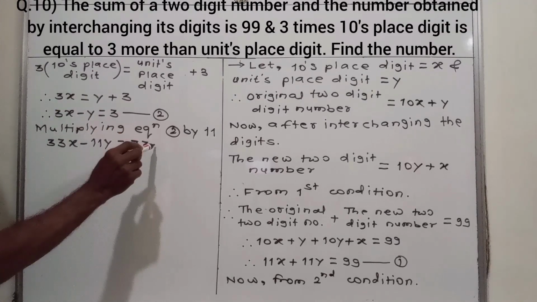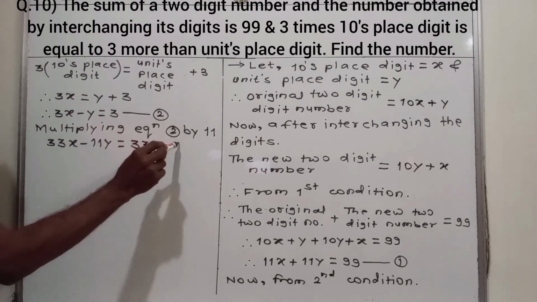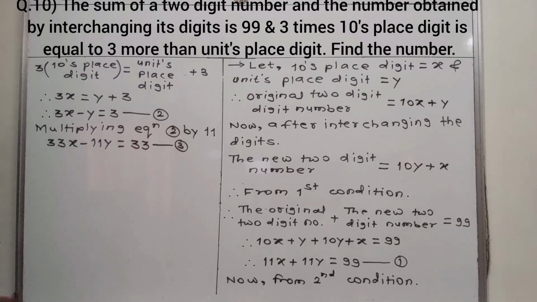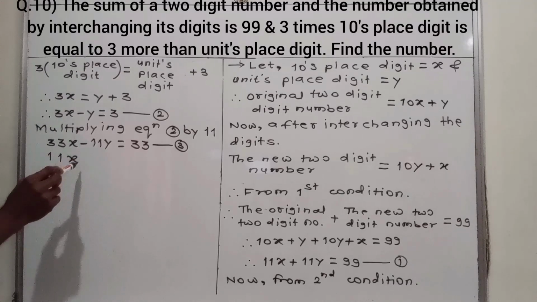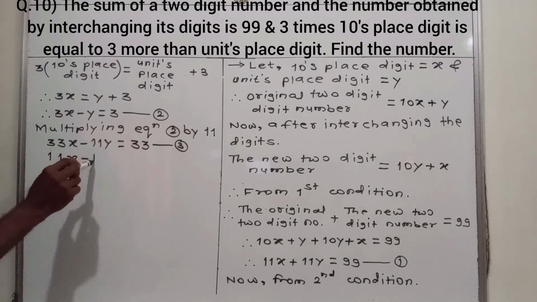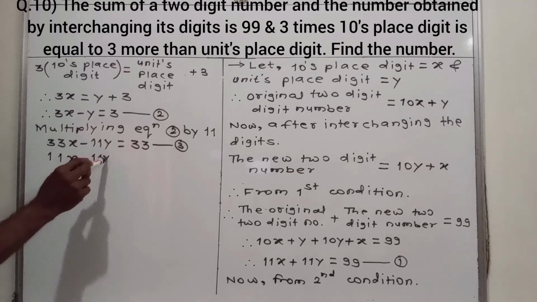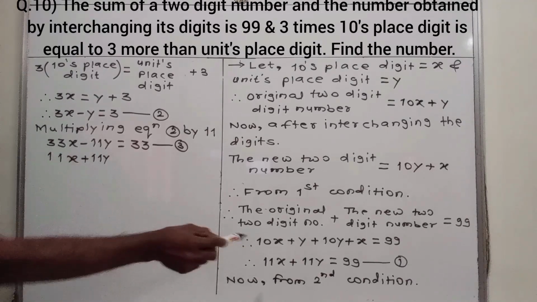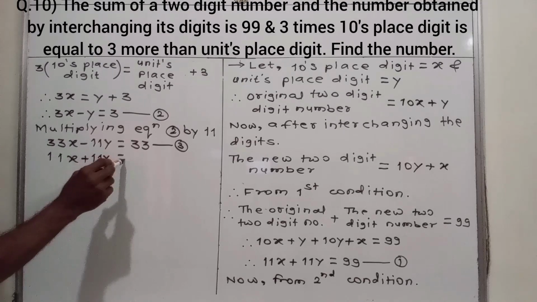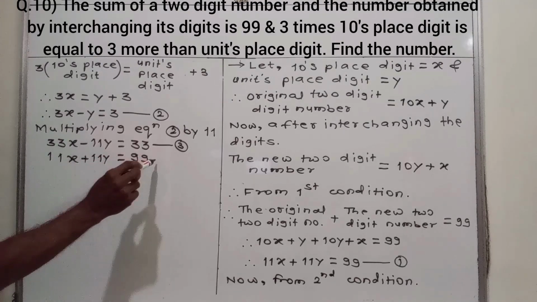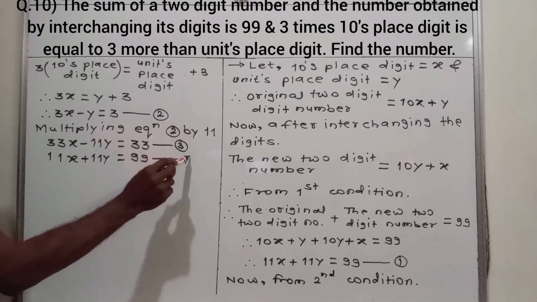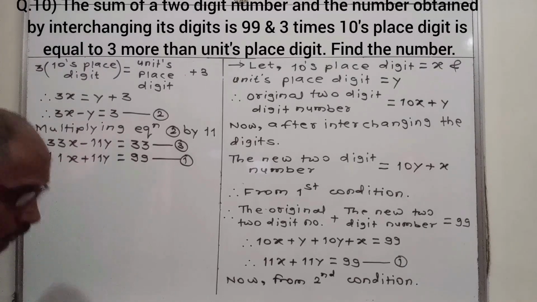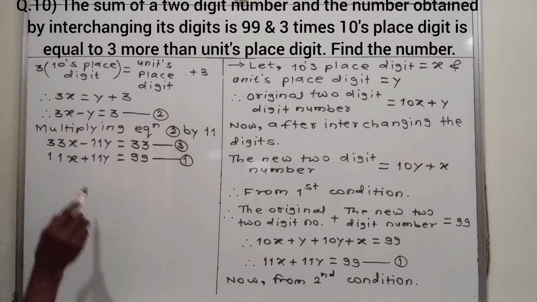Did you get it? This is new equation number 3. Now exactly below we write equation number 1. 11x plus 11y is equal to 99. This is our original equation number 1.